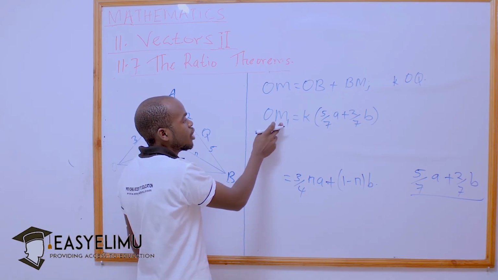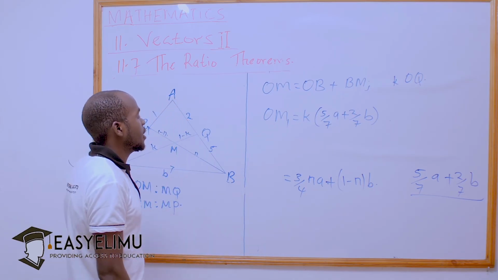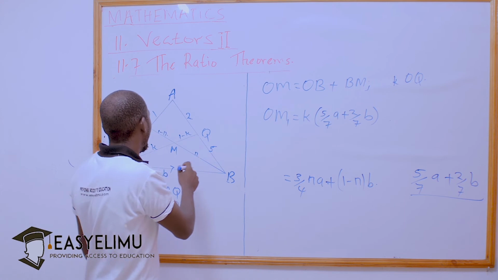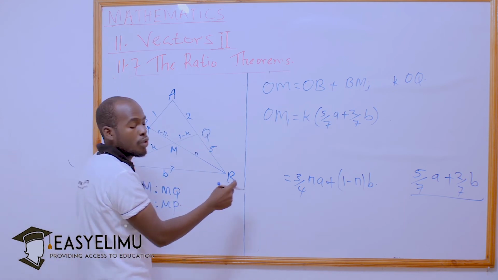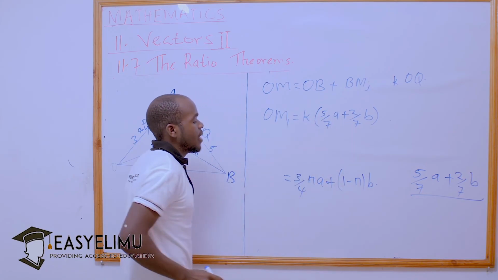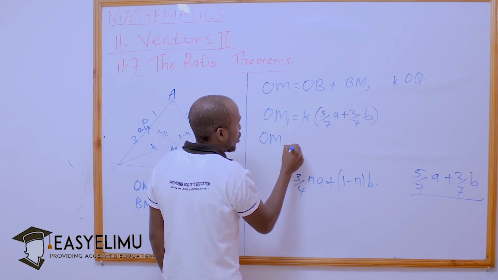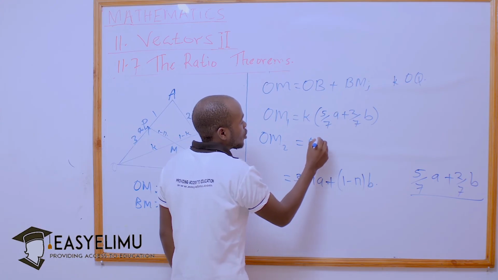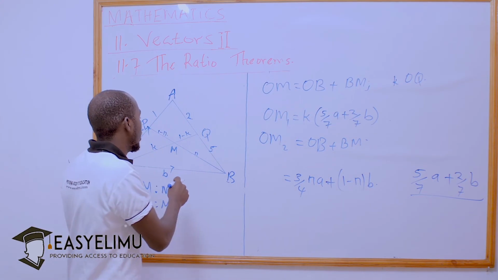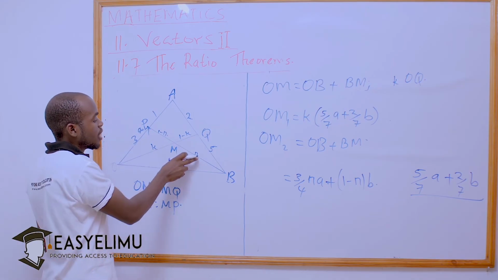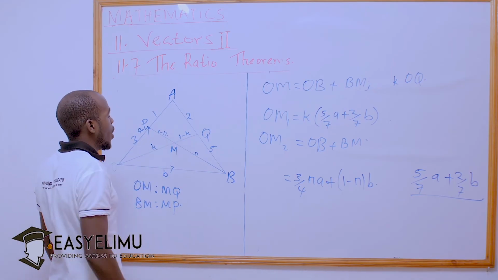So we saw using OM1, that is using the method of K of OQ, we found that is what is there. But if we use another method OM2 and we use a method of OB plus BM, we shall just be finding the coordinates of M with respect to n and 1 minus n.